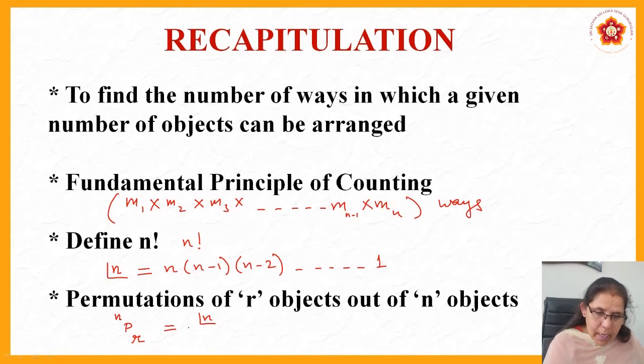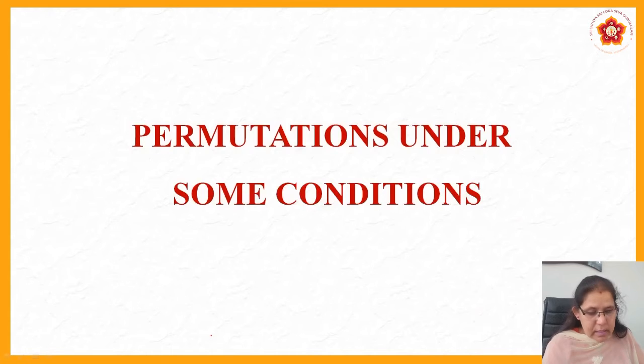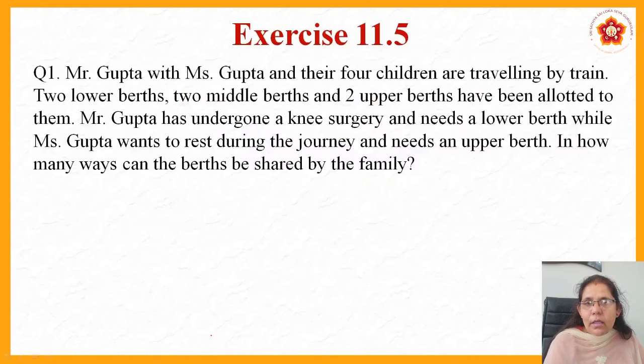So what is nPr? nPr is factorial n upon factorial n minus r. In this session today, we will be looking at permutations under some conditions, and we will directly take up the problems to understand these questions.